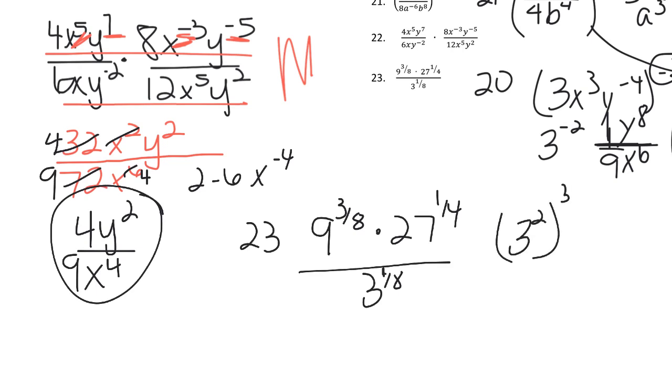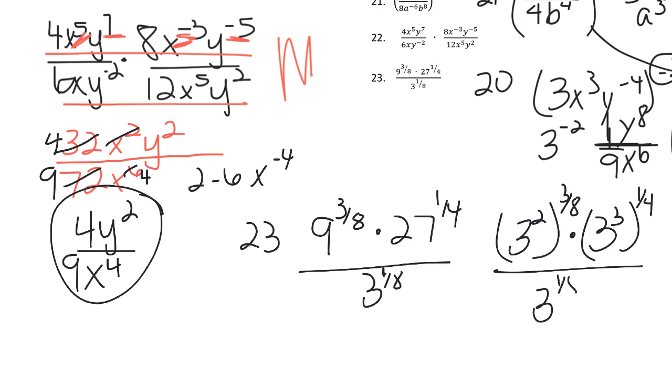So I get 3 squared to the 3/8. 27 is 3 cubed. So 3 cubed to the 1/4 over 3 to the 1/8. And 2 times 3/8 is 6/8. So we have 3 to the 6/8 times 3 to the 3/4 over 3 to the 1/8.